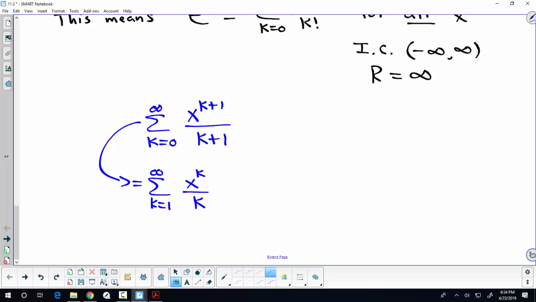There's not going to be problems that you cannot solve unless you change that index into the correct form. There were some homework questions where it was helpful to shift the index to look at it as a p-series, like when we had the sum from k equals 2 to infinity of 1 over k minus 2.